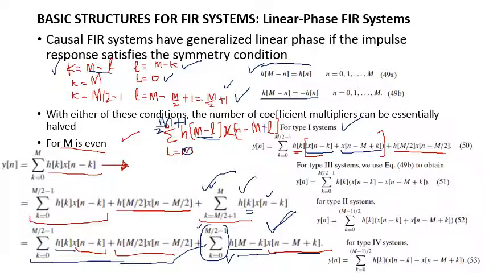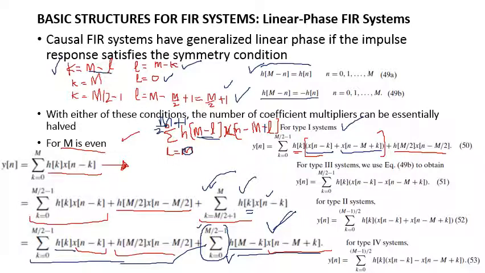We have done this in the previous chapter, that we have two types of symmetries, that is a symmetric impulse response and an anti-symmetric impulse response. In case of symmetric response, we have this thing, and in case of anti-symmetric response, we have this. Now, to derive these expressions, we have assumed that m is even. So for m even, we have this derivation.